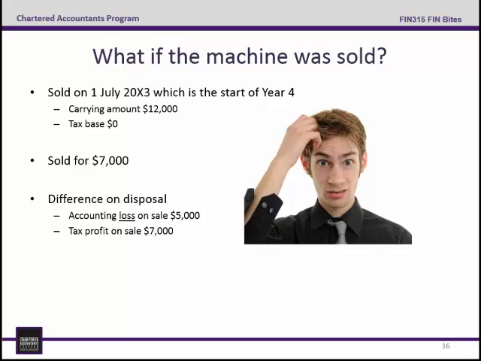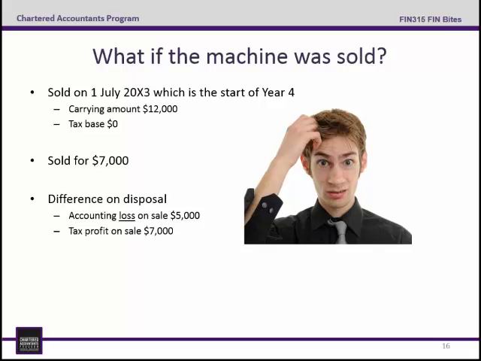If my carrying amount is $12,000 for accounting and I sell it for $7,000, I'd recognise an accounting loss on sale of $5,000. But that's not deductible, that's just something that gets recorded in my journal entries for accounting purposes.